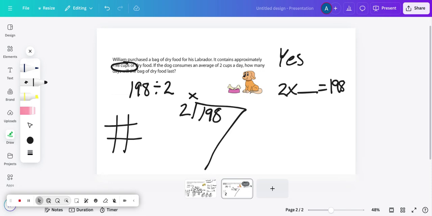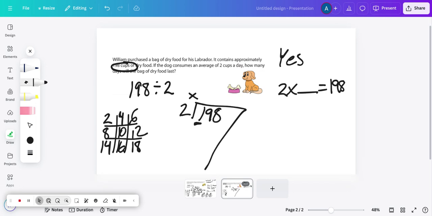All right, so I'm going to be setting up my hashtag, showing my 2s, 2, 4, 6, 8, 10, 12, 14, 16, 18. So we're going to be starting in the hundreds place, and we have to ask ourselves, do we have enough hundreds to give our 2 groups at least 100?